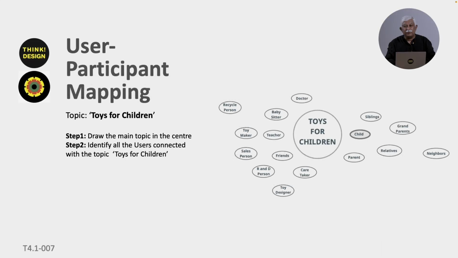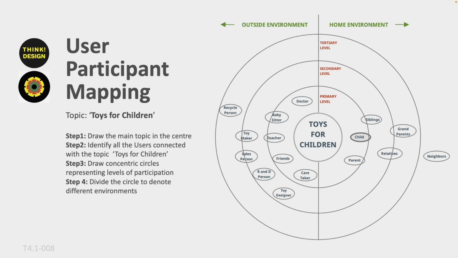This is actually toys for children, and you'll see that there are many users who can come up when you're designing toys for children, from children themselves to their parents, siblings, grandparents, uncles, aunts, neighbors, friends, school teacher. The topic was toys for children.